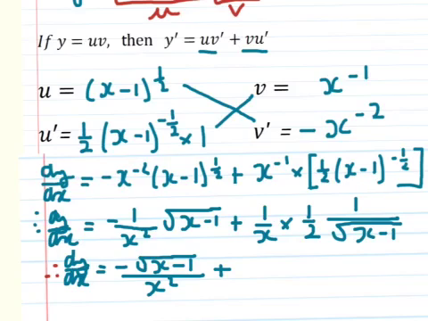Plus, this bit's easy because it's just 1 times 1 times 1 over x times 2, so we call that 2x, wouldn't we, times that. Okay, so that's not too bad. We've got 1 over 2x square root x minus 1.